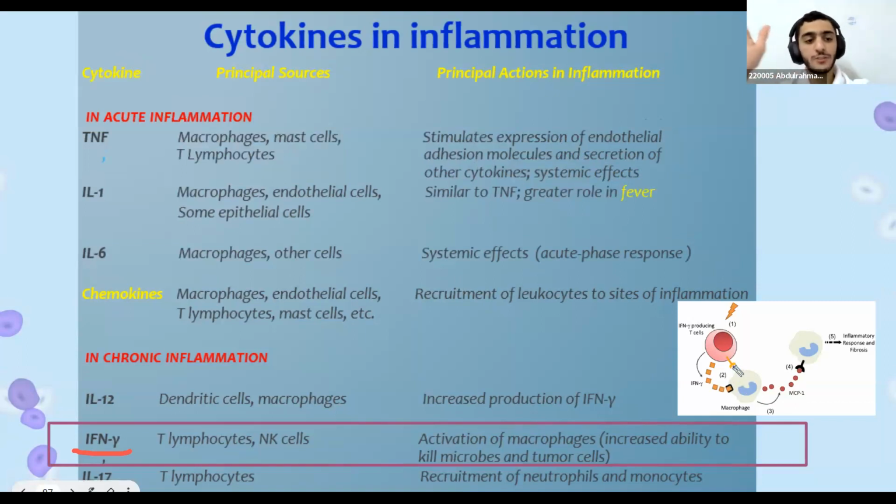I have a follow-up question for you guys. What type of T lymphocyte is responsible for releasing the interferon gamma? Helper cells, type 1 or type 2? It's kind of an immunology question.